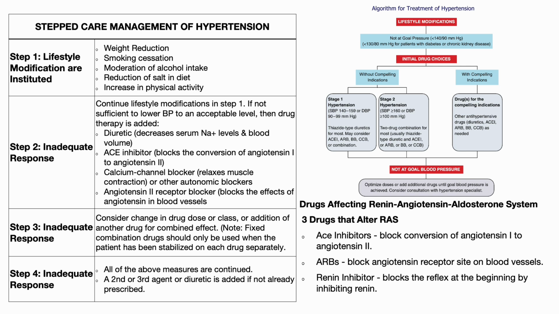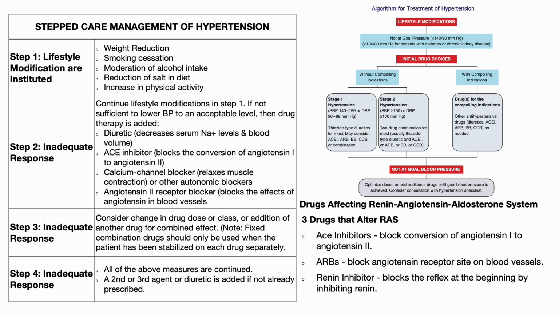So we have to consider a change in drug dose or class, or addition of another drug for combined effect. We have to note, fixed combination drug should only be used when the patient has been stabilized on each drug separately. Still, if step 3 is not adequate, then we proceed to step 4.